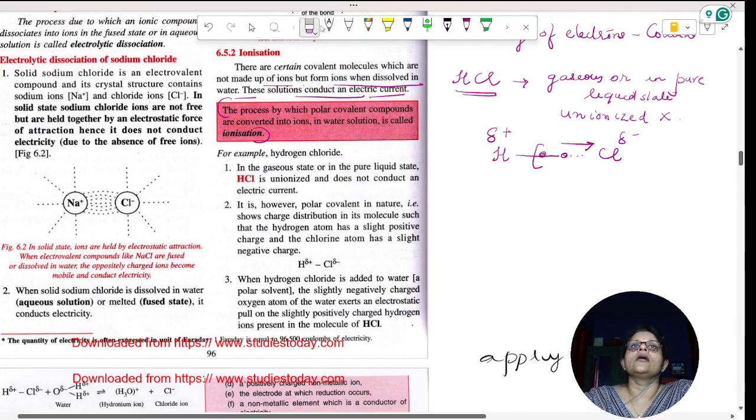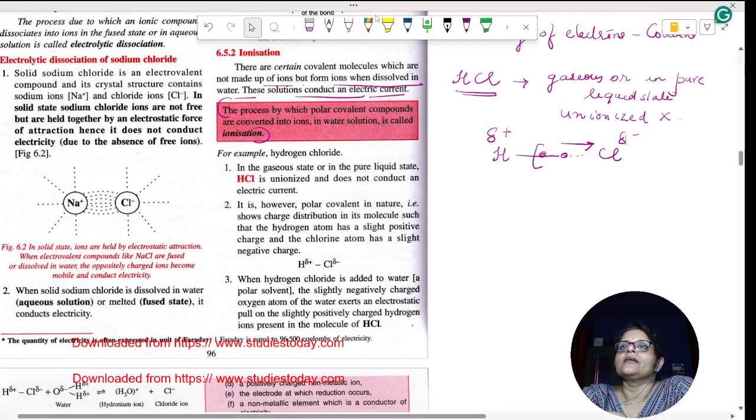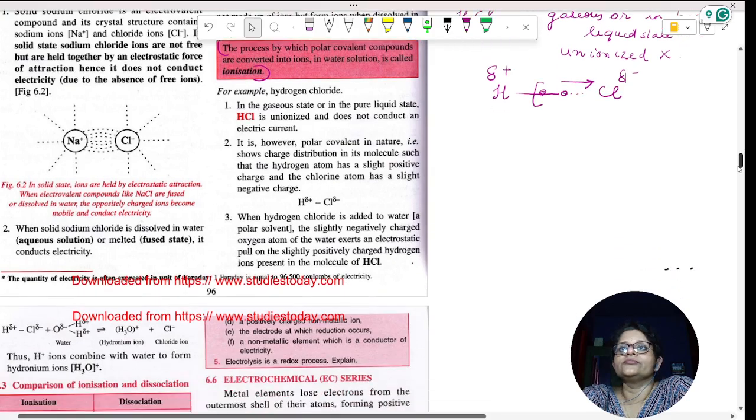So the hydrogen, which is partially positive from the HCl, will be attracted to which part? The oxygen part, and you will be getting a separate chloride. What happens there is shown over here.